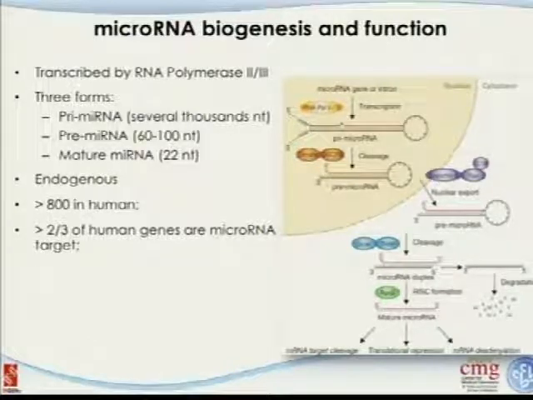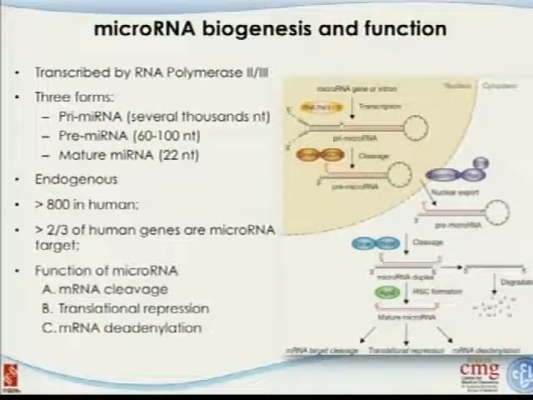And we know that about 2/3 of the human genes are actually microRNA targets. So far, what we know of the function of microRNA is mRNA cleavage. It will bind on the 3' UTR of the gene, and then use other proteins to kill the target RNA, or cause translational repression and mRNA deadenylation.